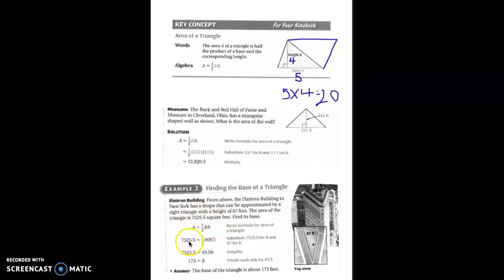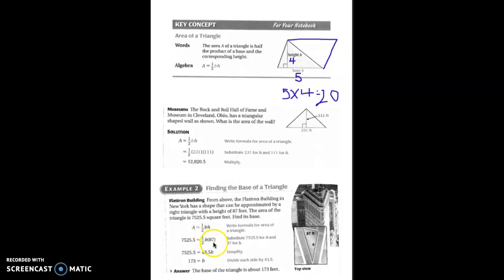So you're putting A as 7,525.5 and then the height as 87. So this should be what you have when you set up your equation. And then you notice that you're looking for the value for the base.